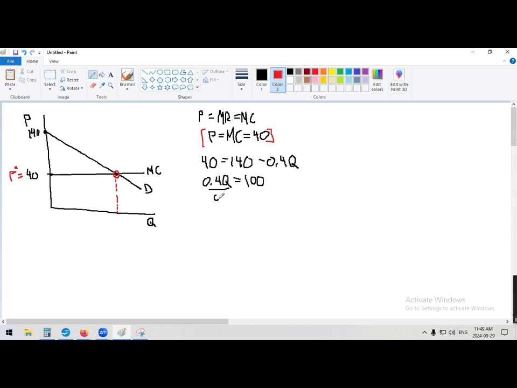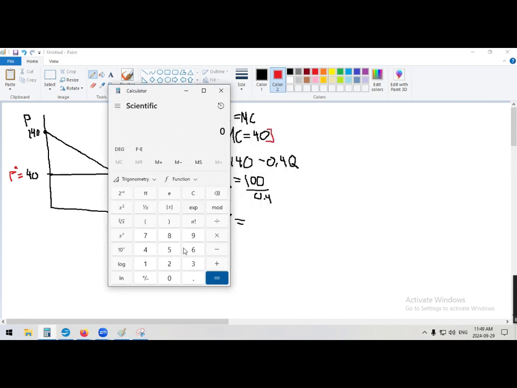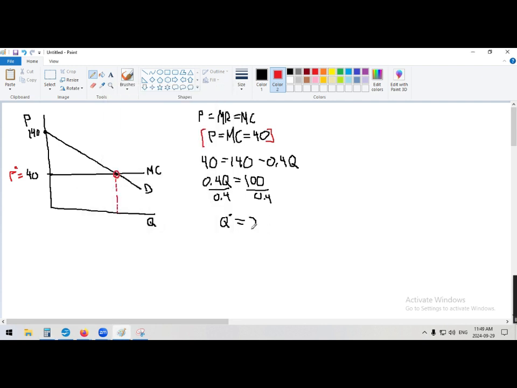So if we divide both sides by 0.4, we can get the aggregate market quantity, big Q here. So it's going to be 100 divided by 0.4. So we get 250. So that's this point here.